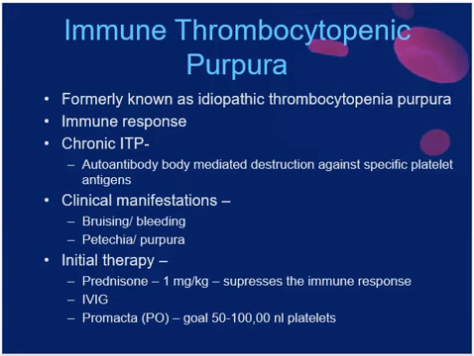Initial therapy when this is diagnosed is started with prednisone, 1 milligram per kilogram for 4 days, and this helps suppress the immune response. If that is unsuccessful and labs are checked afterwards, IVIG may be considered, and then there are several medications on the market. One, an oral medication called Promacta, helps increase the platelets.